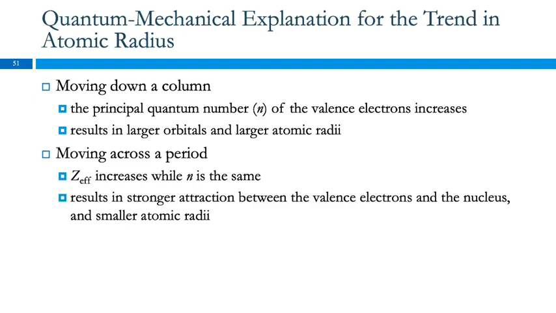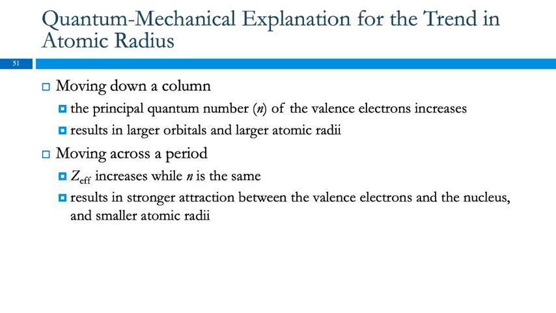When we're going across a period, I just showed you with chlorine and argon, and Alex observed the effective nuclear charge, which we are approximating, is approximately the same as the group number. We see that the effective nuclear charge increases. Those electrons are in the same principal level.